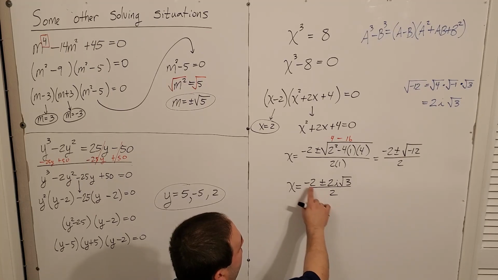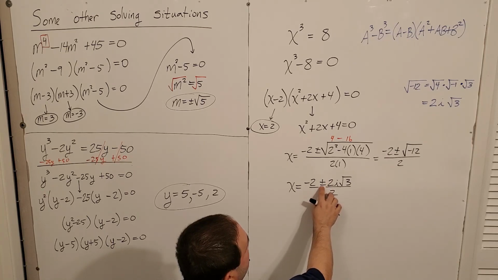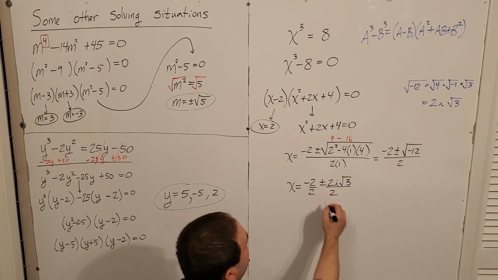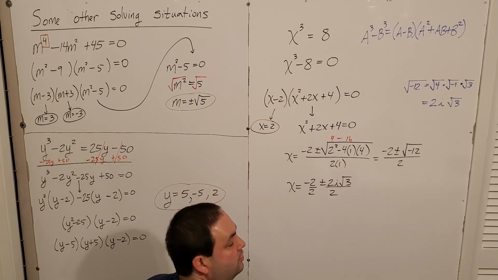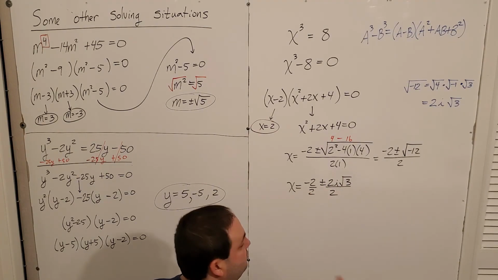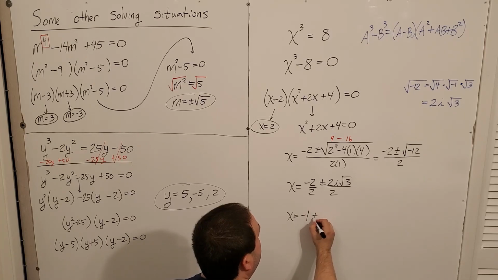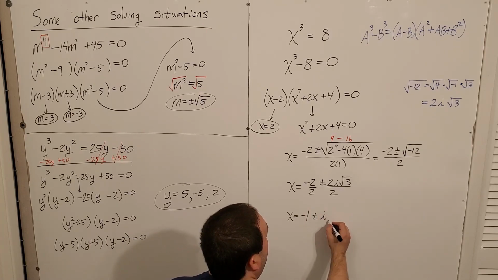Don't forget, when you have something that will work out with both fractions, you see I can actually do 2 over 2 and 2 over 2. I'm going to go ahead and split this up like this. I'm going to take the denominator and distribute it to each piece of the numerator over the addition and subtraction. That's just distributive property. That's okay. So then I get x equals -1 plus or minus i square root of 3.